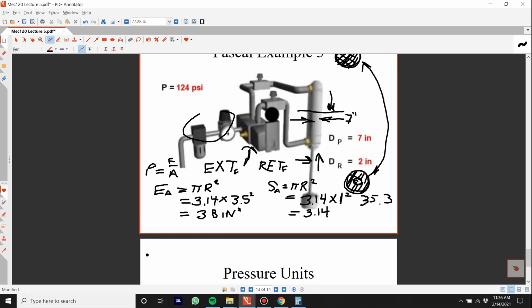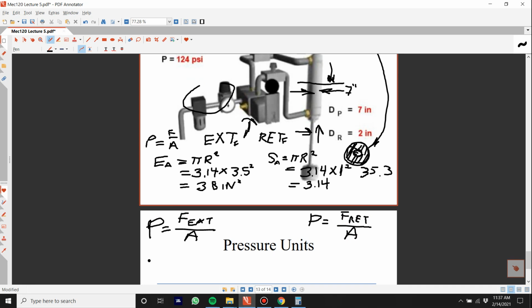Now, P in this example is force extension over A. P is force retraction over A. Now, P is 124, and we're going to bring this over to multiply it. Now, what is this A in this example?